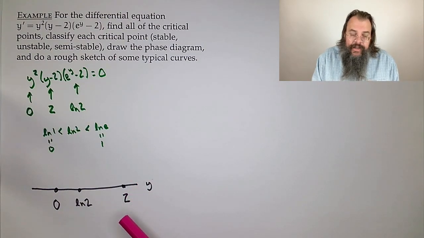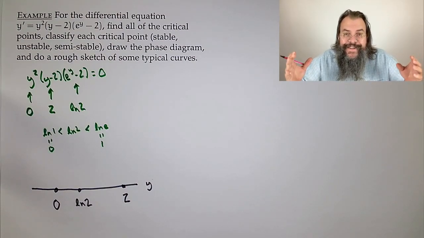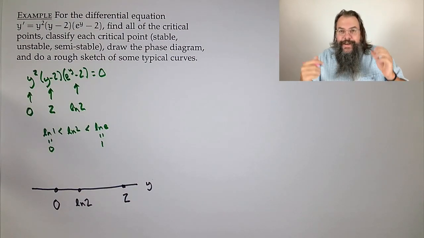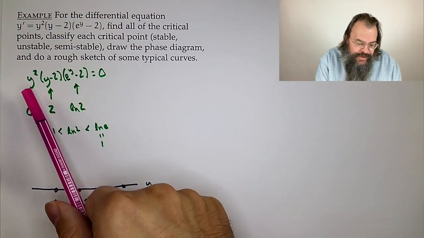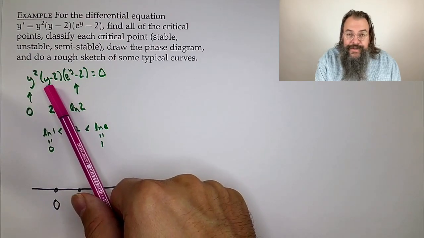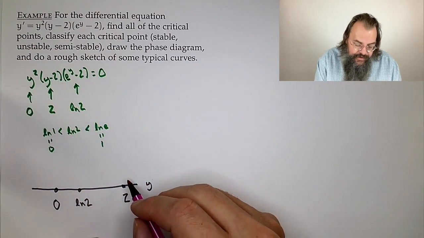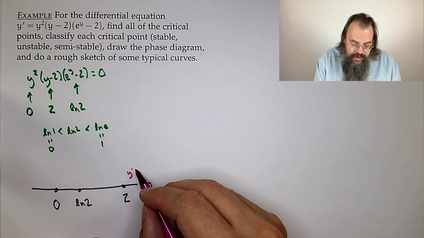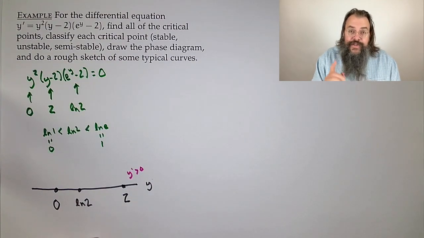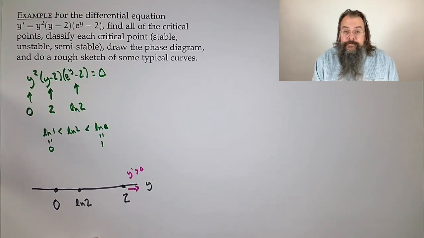Suppose I pick something bigger than 2, like 1,000,000, or 3. They both work. Each part is positive: 3 minus 2 is positive, e cubed minus 2 is positive. So everything's positive. That says y prime is positive, which tells us that we are moving up.